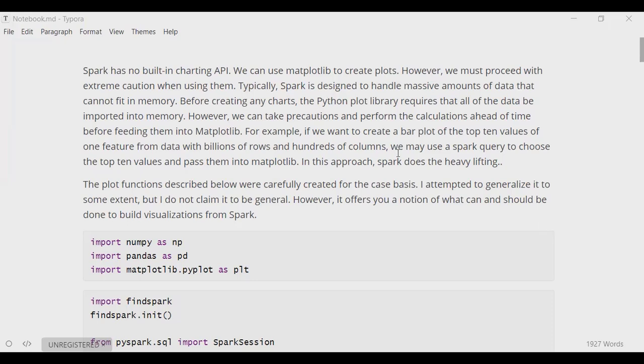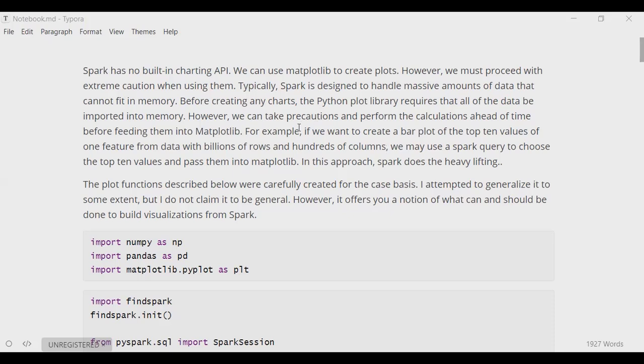While creating any sort of chart, like the plotting libraries we already went through, generally the data first has to be imported into memory, and then calculations are done before we move ahead with matplotlib.